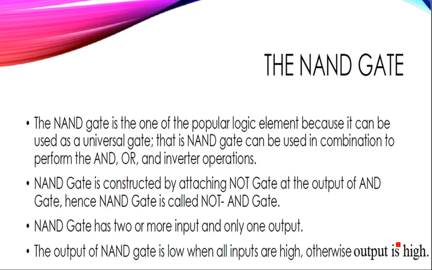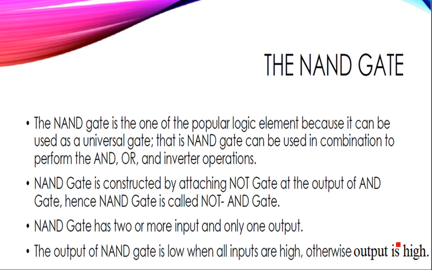So next, NAND gate. The NAND gate is one of the popular logic elements because it can be used as a universal gate. That is, NAND gate can be used in combination to perform the AND, OR and inverter operations. Here universal means by using the NAND gate we can construct all other gates.